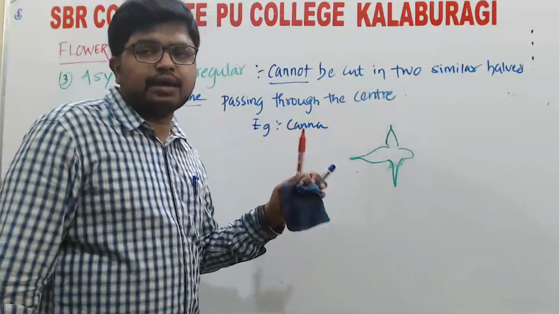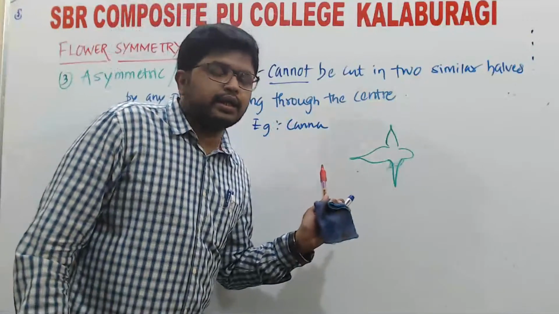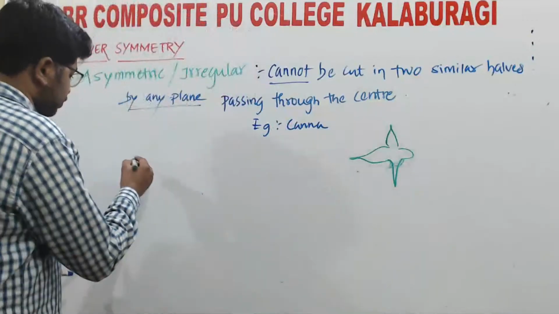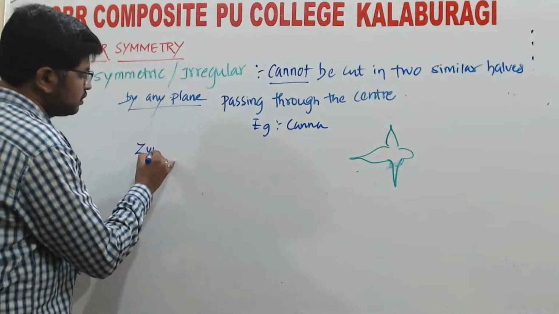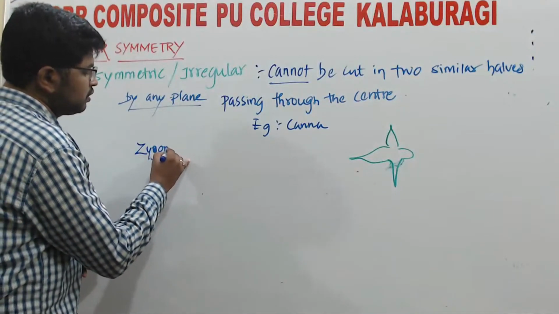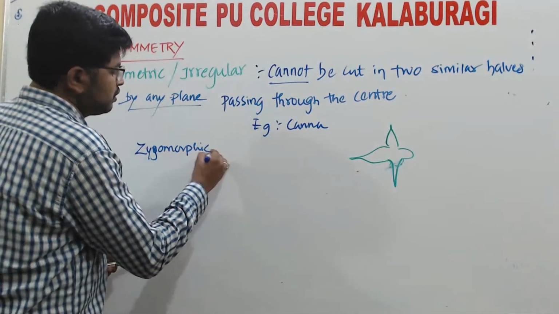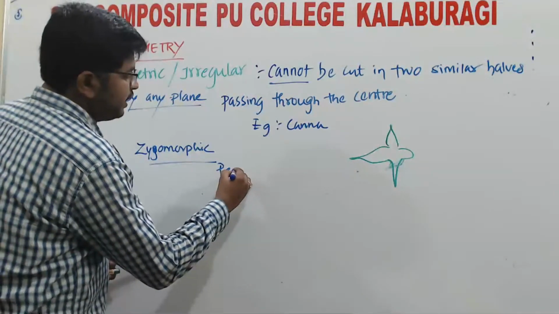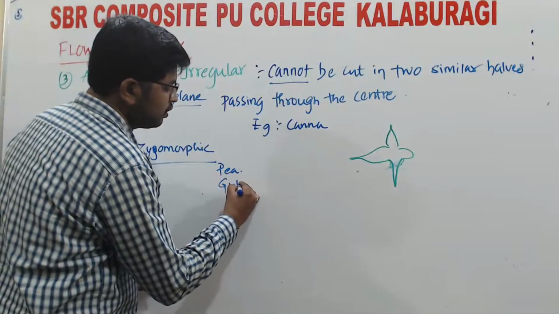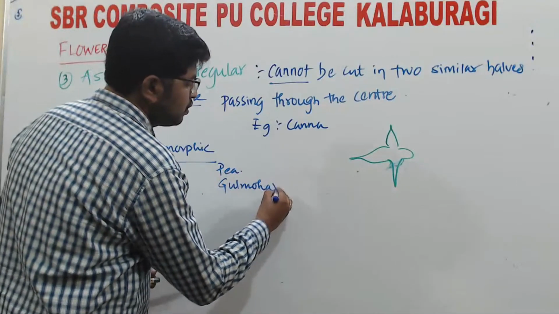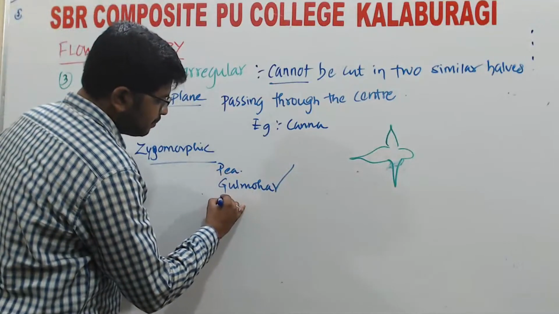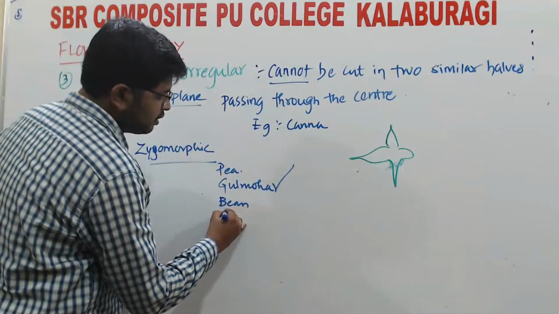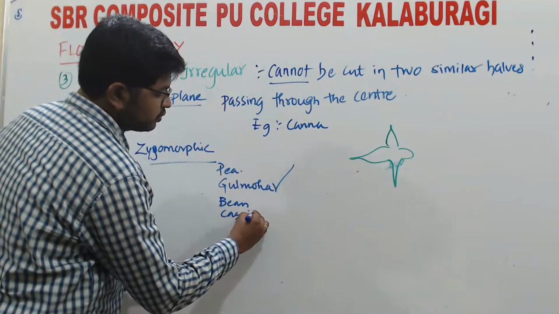Whereas for zygomorphic examples, you should know the P for zygomorphic: P gulmohar, and bean, cassia also.